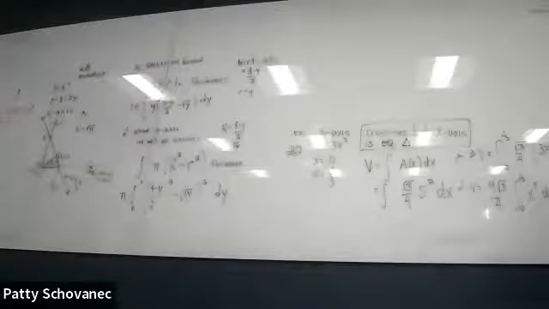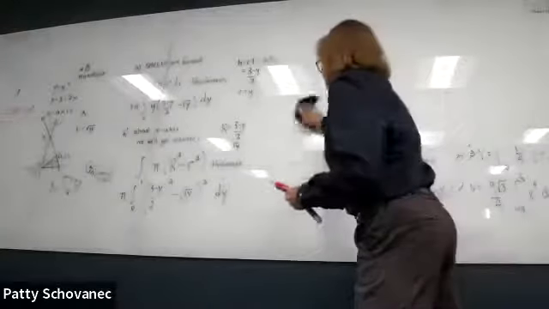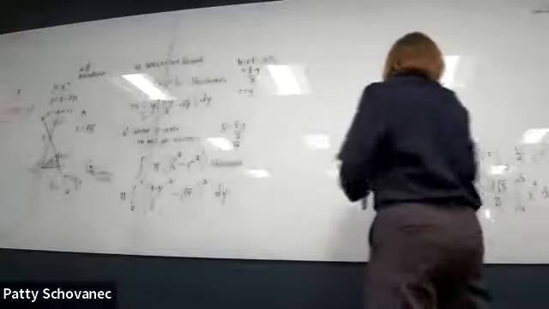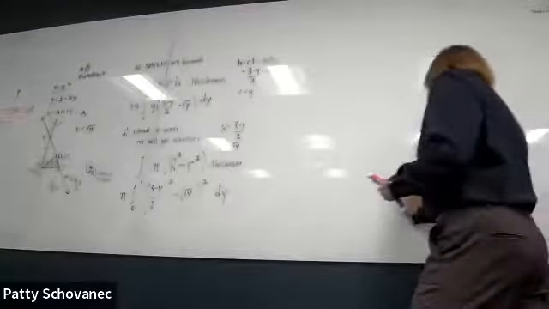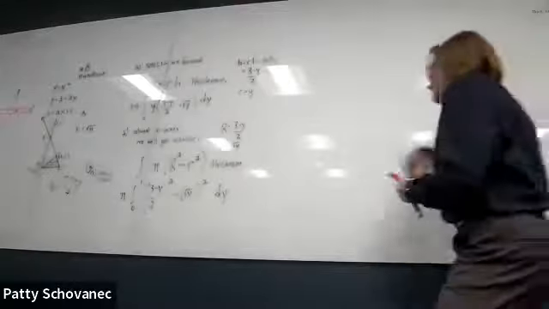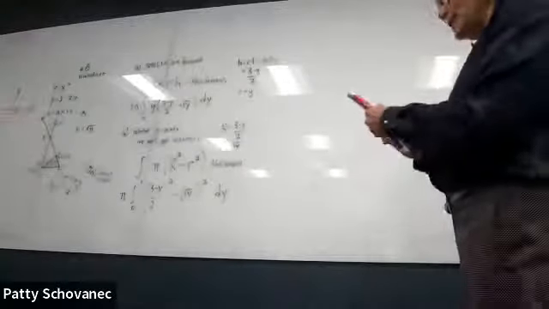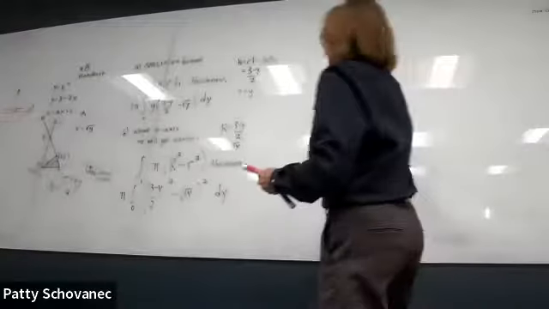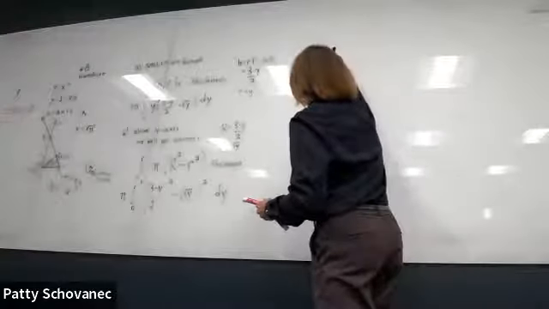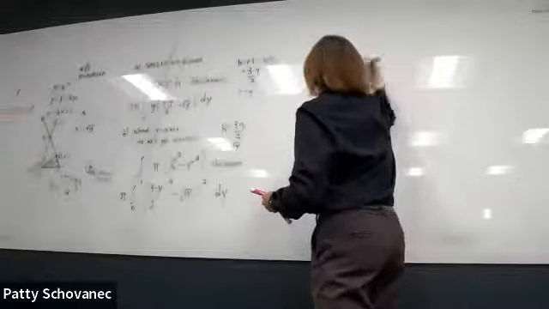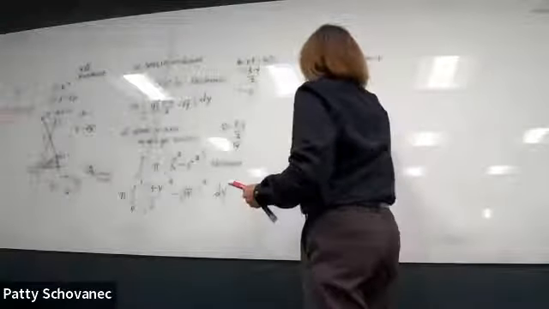Okay. Now, in the third part, we're going to take that region and we're going to revolve it about a non-axis. We're going to swing it over about x is equal to -1. So here's the y-axis.